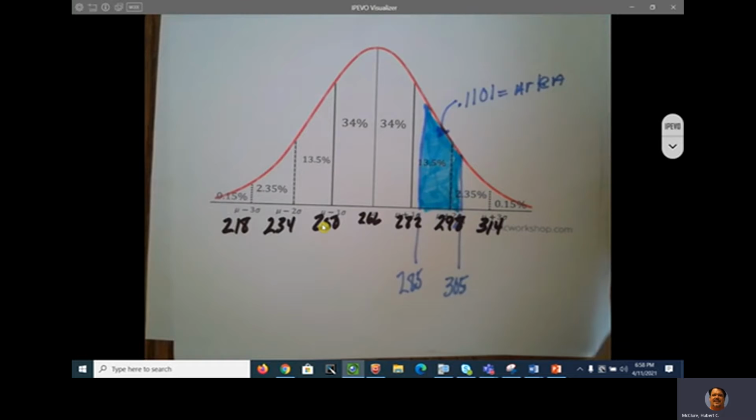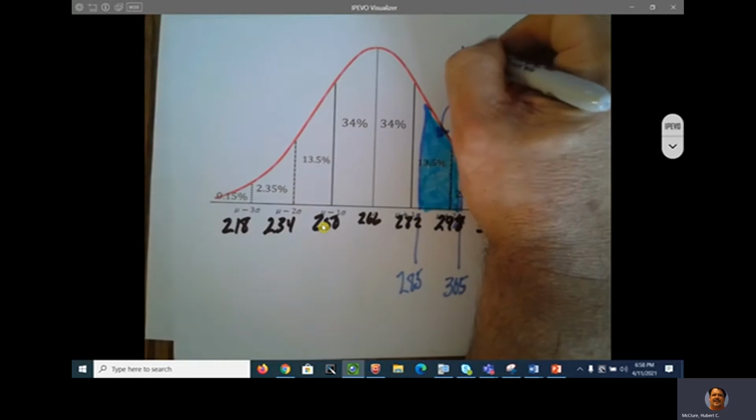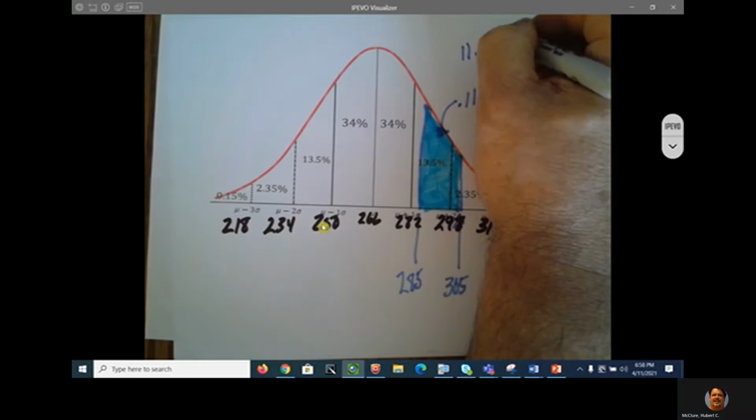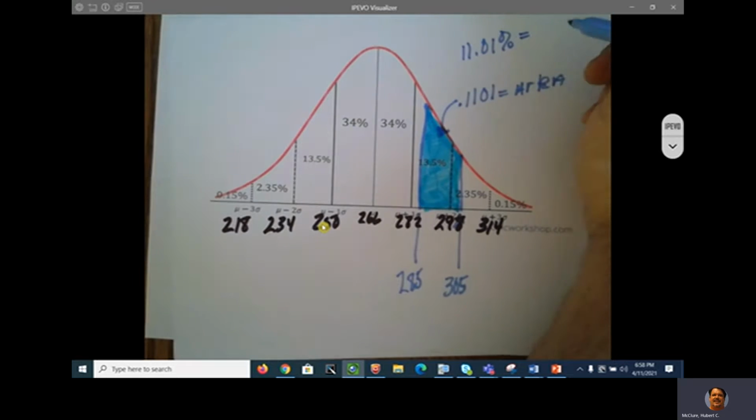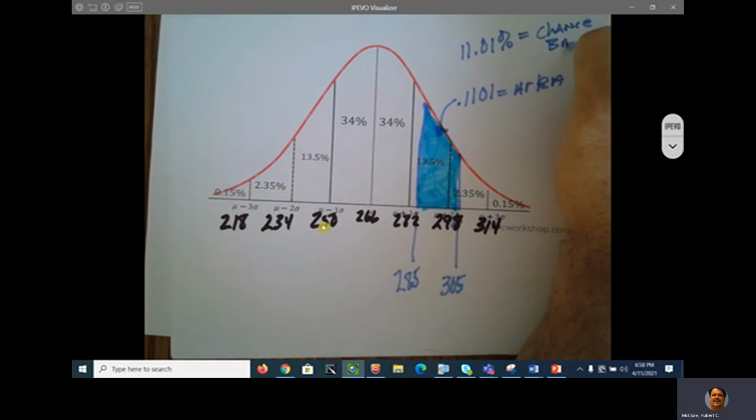That means that between 285 days and 305 days, there's an 11% chance that you might have your baby. Chance of having a baby between 285 and 305.